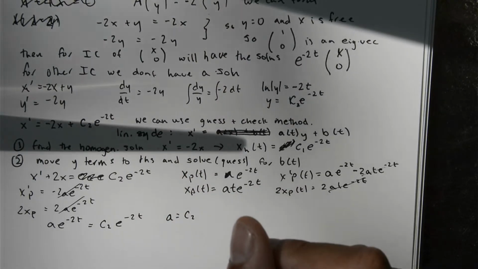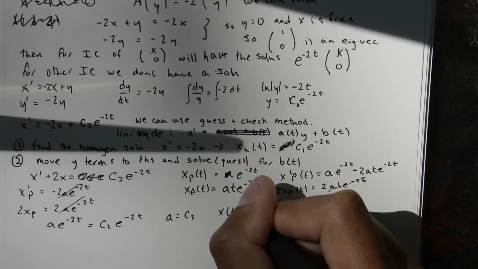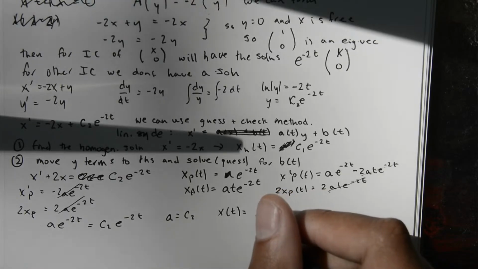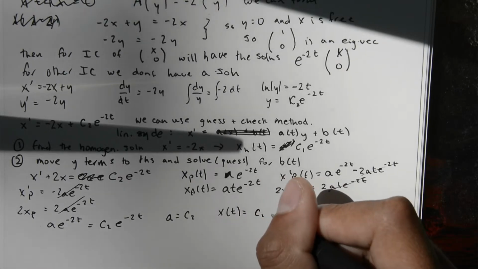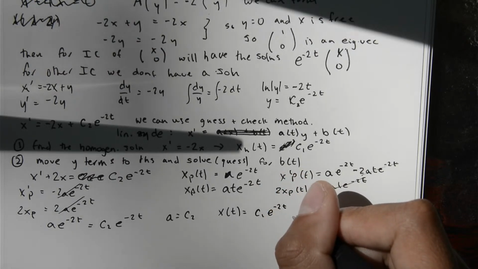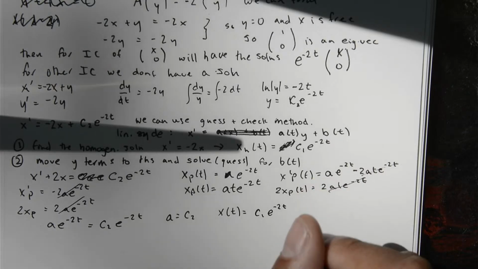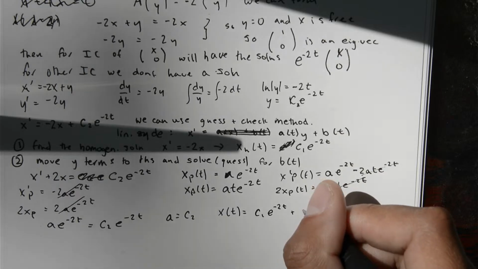So then when we get the general solution, the general solution x of t is going to be equal to our homogeneous solution, which is c1 e to the minus 2t, and then plus the particular solution, which is plus, wait.